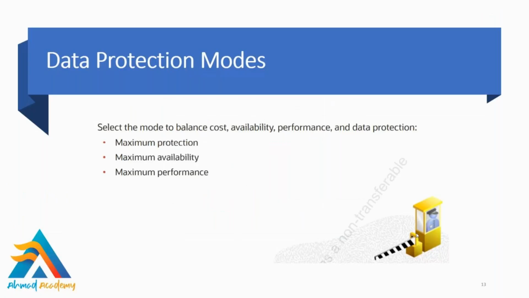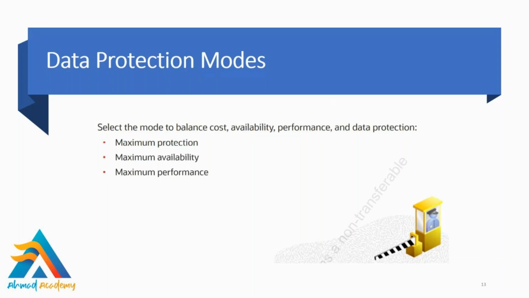Now, data protection modes. We have three data protection modes: maximum performance, maximum availability, and maximum protection. Maximum performance is the default Data Guard mode, and in that we use an asynchronous configuration where the production database, or primary database, will not wait for confirmation whether redo is applied on the standby side. That's why performance improves and the production database does not wait for the next transaction.